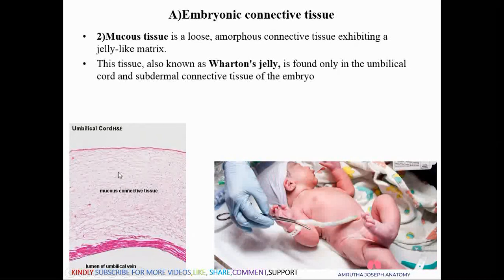So this is the histological picture of the umbilical cord, and here is the Wharton's jelly. It is found in the umbilical cord and the subdermal connective tissue of the embryo. So just below the skin also you have this type of connective tissue.